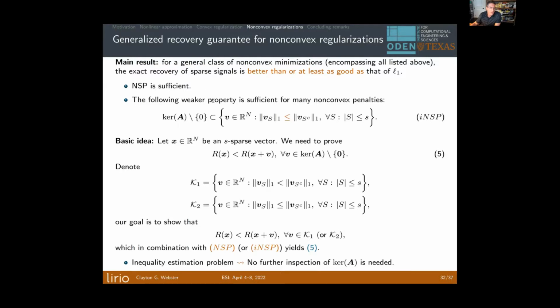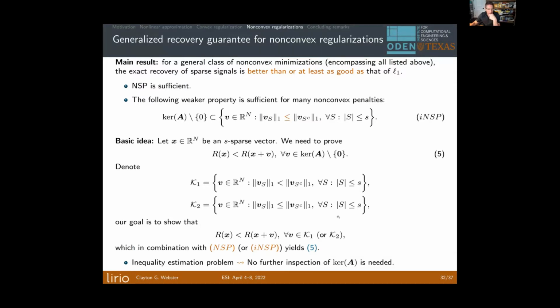How we do this is that we end up with a weaker property of the following type, that our kernel is contained in a set where you can see that it's not just strictly contained, but less than or equal to contained, or bounded, I'm sorry. The basic idea is that we prove that if we have that non-convex function, it can be bounded by a function that's modified by a vector in the kernel.